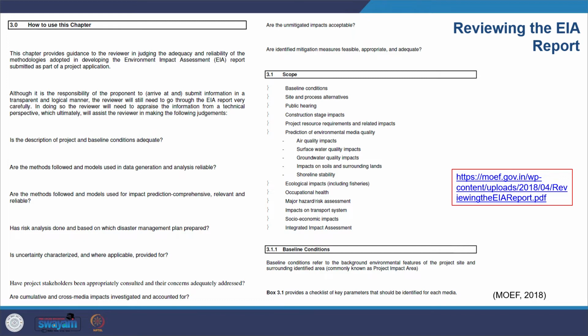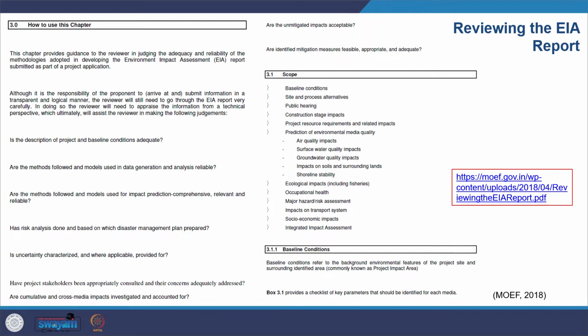The reviewers would look at all that, and then they would look at the scope, and within the scope, what kind of baseline conditions, site, process, alternatives, and public hearing you have given or not. Then they will look at how you are giving the baseline conditions, and they would usually have a checklist of key parameters as per the domain with which they would be checking your report.